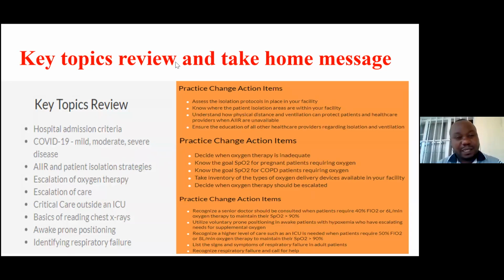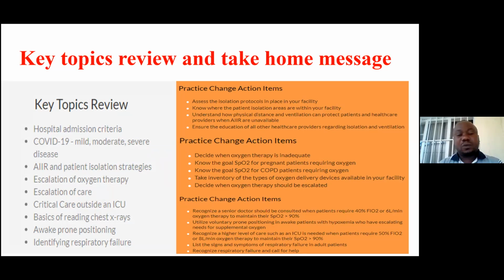To the audience and others who may have this presentation, you must have hospital admission criteria where you are, and you know when to admit and when to send back home. You have to understand, while managing COVID-19 patients, in which category of severity they are: asymptomatic, mild, moderate, severe, or post-COVID.